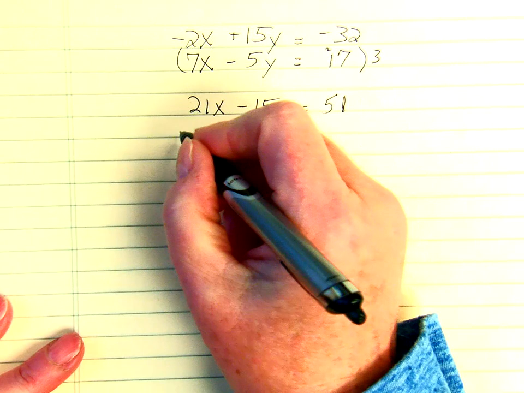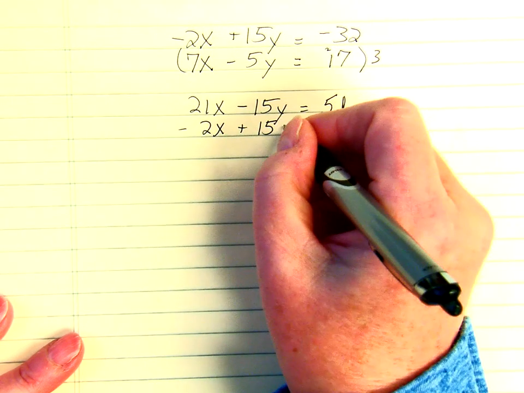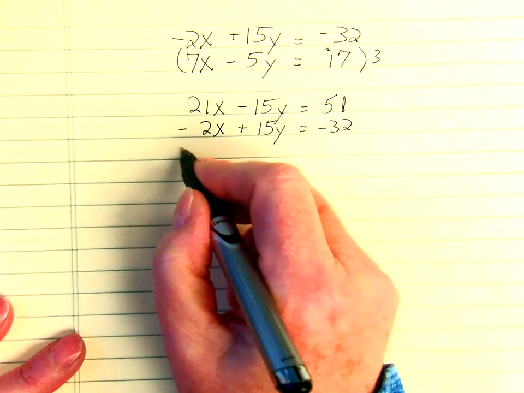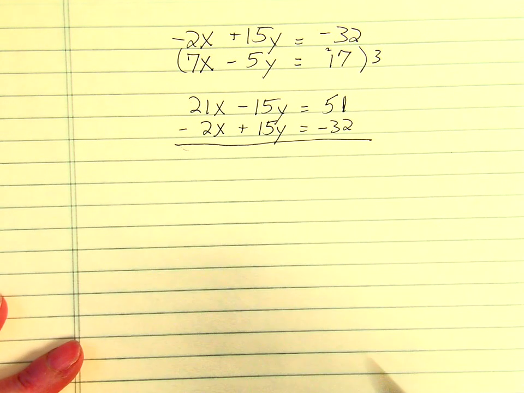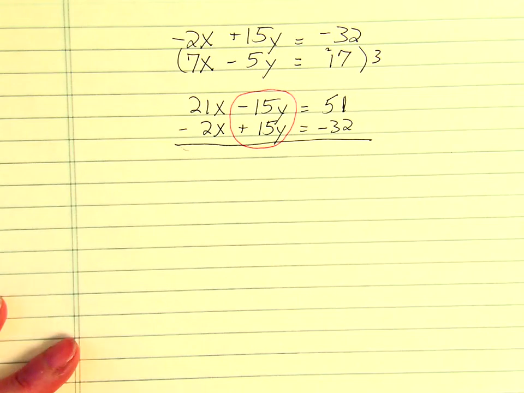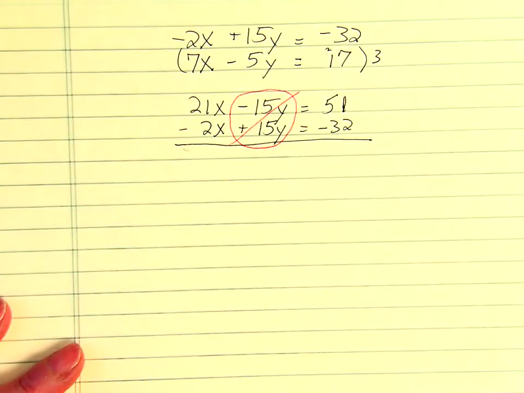Now I'm going to bring back down that initial equation, negative 2x plus 15y equals negative 32, and I will now combine these two equations. As you can see, once again, now I have this, okay, which is going to equal 0, so that's gone.